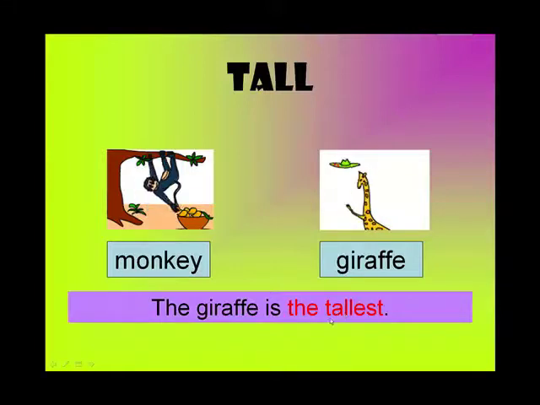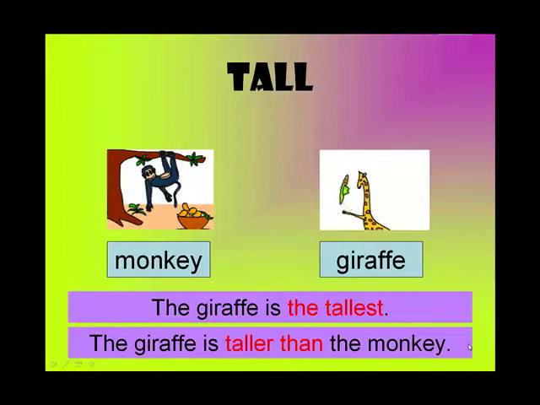Remember, superlative, short adjective, tall, we add est at the end and the before the adjective. Now the comparative, the giraffe is taller than the monkey. Okay, so the giraffe is the tallest and the giraffe is taller than the monkey. Comparative down here and superlative.